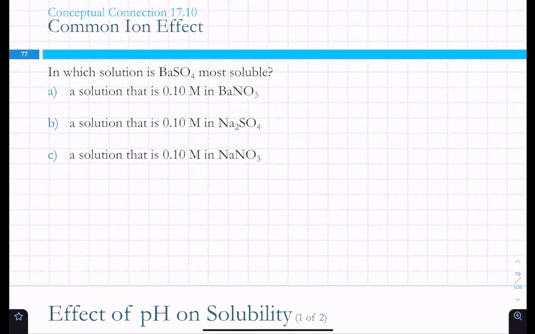All right, so building on the same idea, in which solution is solid barium sulfate going to be most soluble? Thinking about common ion effect, if we have barium sulfate, when it dissolves, it is going to be Ba2+ and SO42- ions.